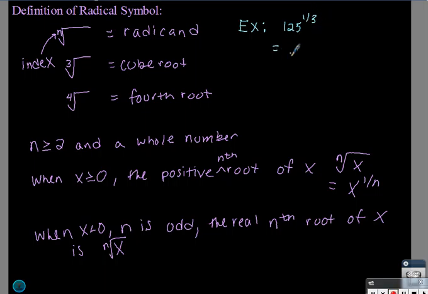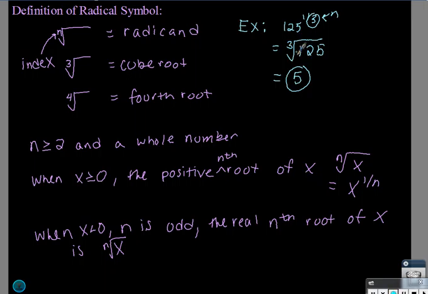Well, that's just telling me, if I rewrite this with the radical symbol, my exponent here is my n, my index. So that 3 is going to go outside, and then I know that that is 125. And maybe that's a little more familiar, or you know how to type that into a calculator and get that the cube root of 125 is 5. So it's the same as the answer that we were previously getting.